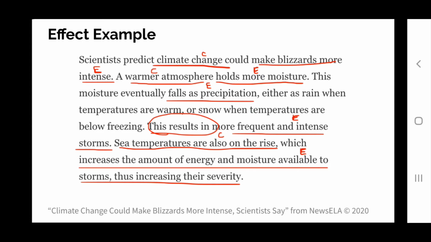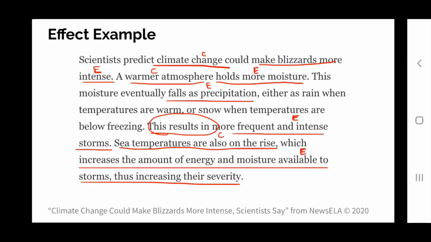So once again, we're looking for the effect signal words or things that show me that there is some type of effect happening here. Where are my effect sections of this paragraph? Scientists predict climate change could make blizzards more intense. So what could make blizzards more intense? Climate change. So that means climate change is my cause. Make blizzards more intense is the effect.